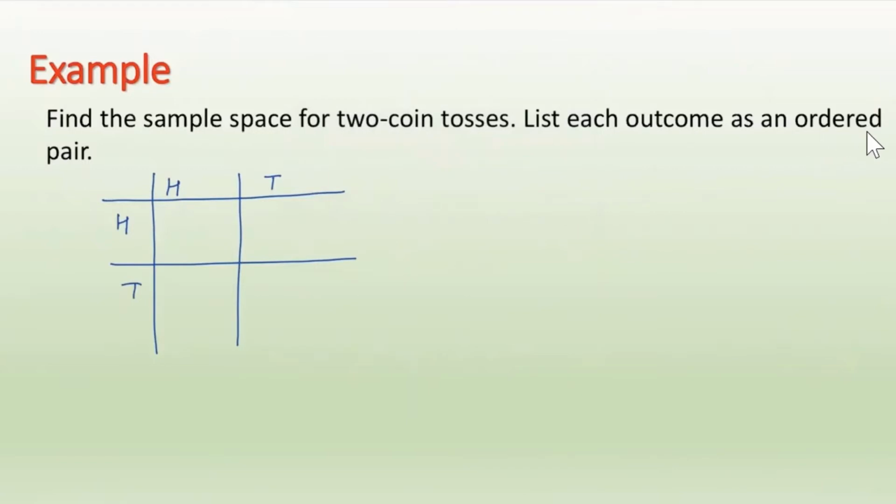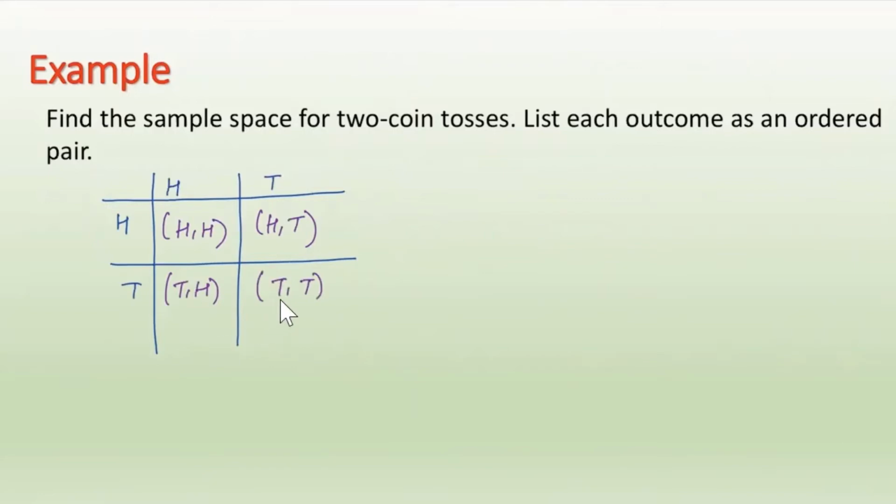We are asked to write as ordered pairs, so we write that as H comma H. If you get head on the first and tail on the second, that will be head comma tail. If you get tail on the first and head on the second, that will be tail head. And then this one is tail and tail, which is written as TT.